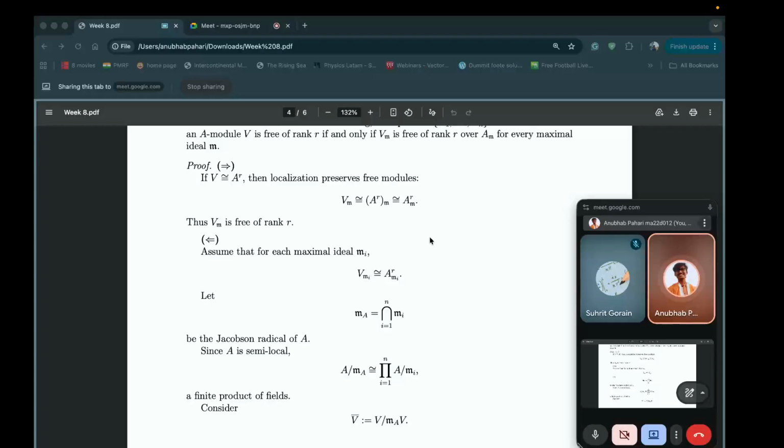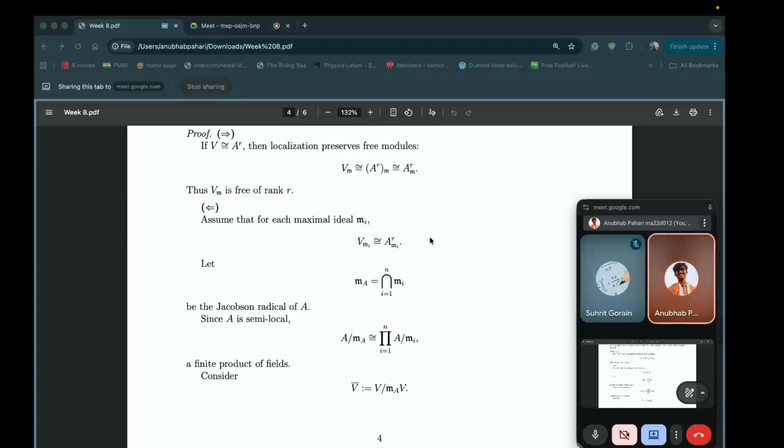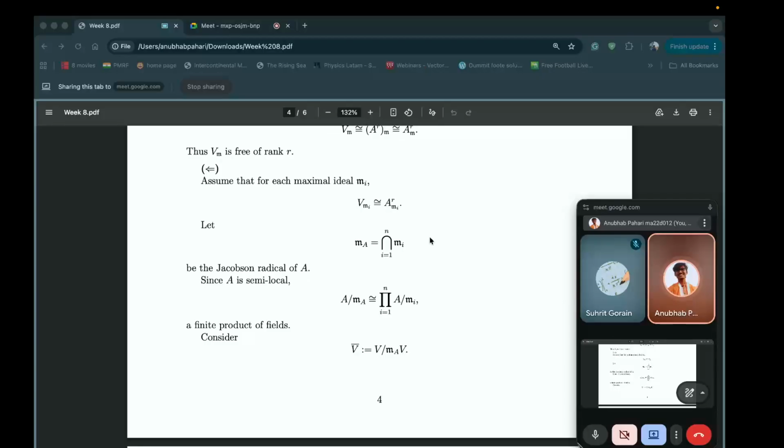Now the non-trivial direction is the opposite direction. Assume that for every maximal ideal Mi, V suffix Mi is isomorphic to (A suffix Mi) to the power R. Now let M of A equal the intersection of all maximal ideals, which is the Jacobson radical. You know that the intersection of all maximal ideals is the Jacobson radical, and of all prime ideals is the nilradical.